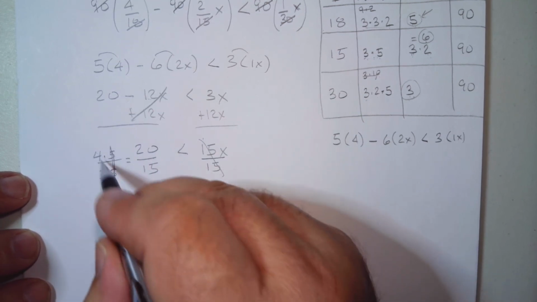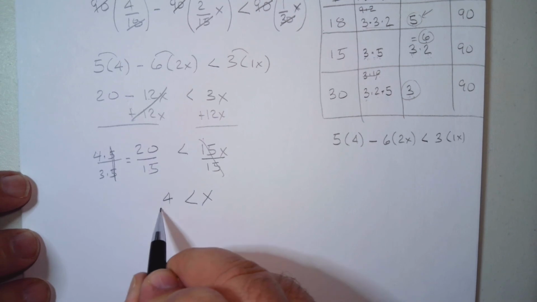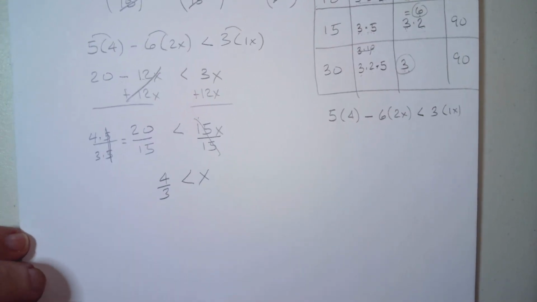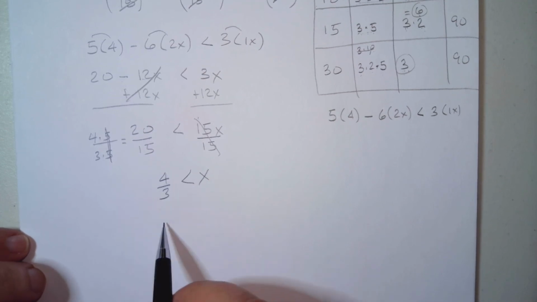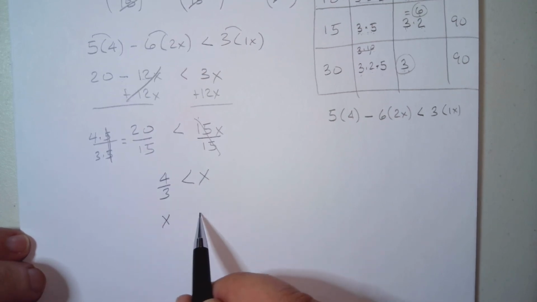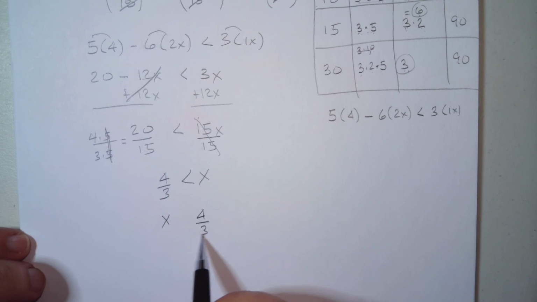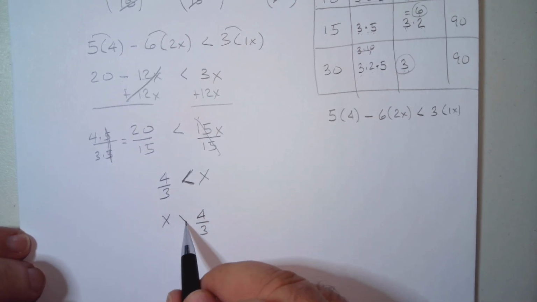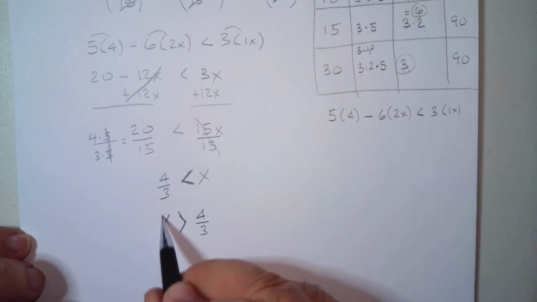Cancel the 5s, so we're just left with 4 over 3. We want the x on the other side, so we just flip them around. Move the x's. But remember, the arrow is pointing to the 4/3. It has to do the same.